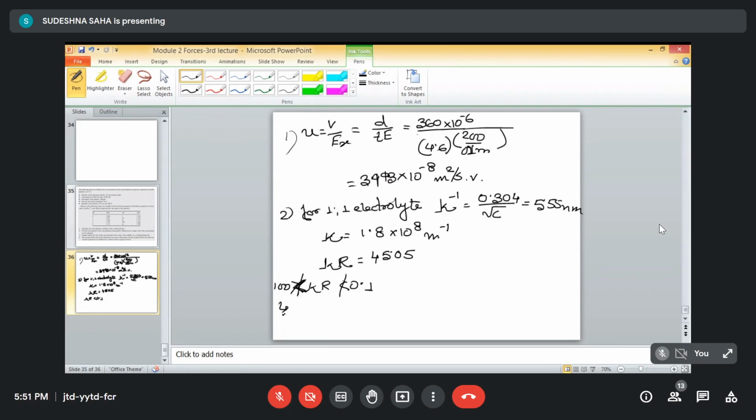Now if KR is basically greater than 100, then we can go for the Smoluchowski equation. No, sorry, Huckel equation, where we have said that D by length বেশি. So this is Huckel equation, and this one will be your Debye equation.